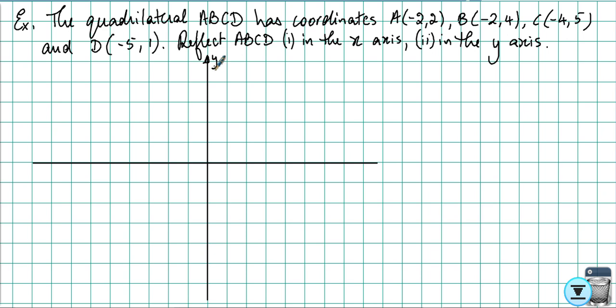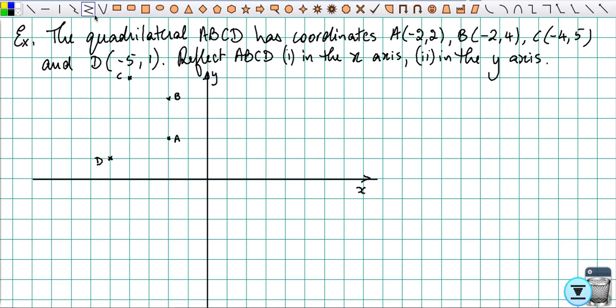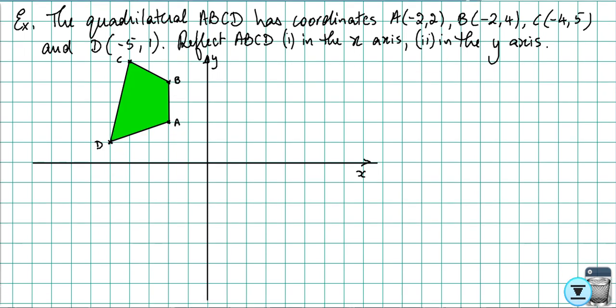So it's y, it's x. The coordinates were minus 2, 2, minus 2, 4, minus 4, 5, and minus 5, 1. So I have A, B, C, and D, and I have my shape. I'm going to draw the shape. A, B, C, D. Okay, that is the shape.